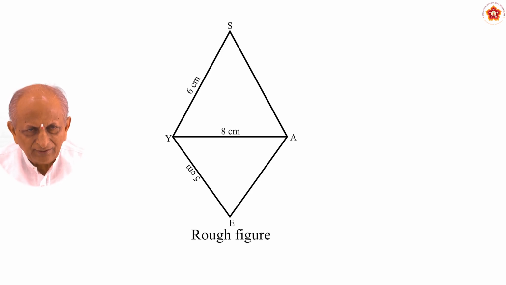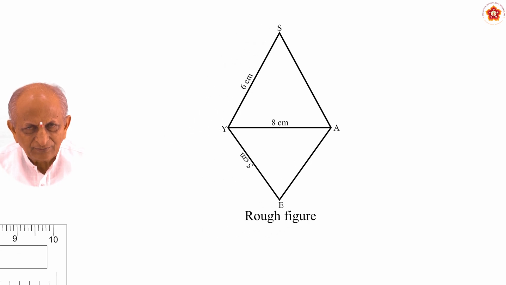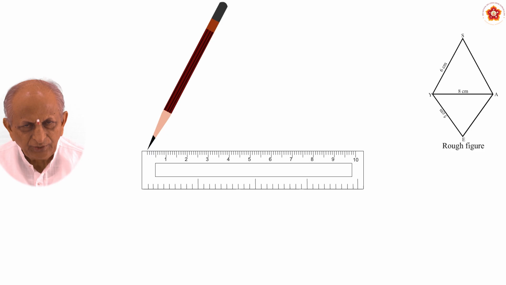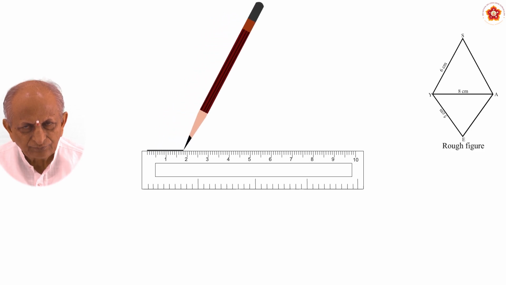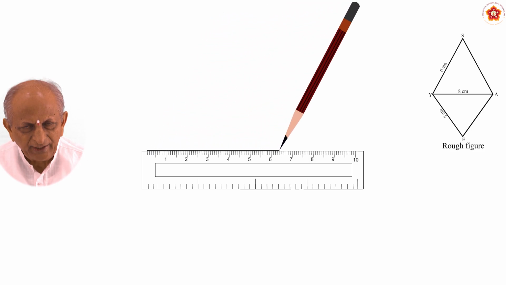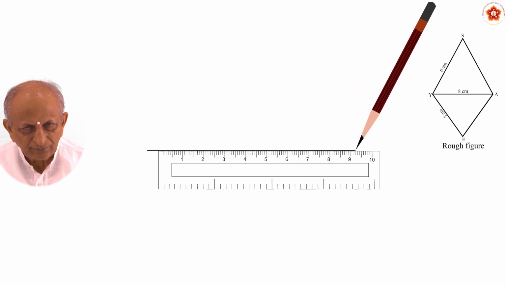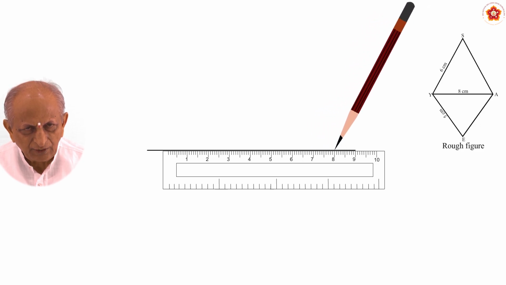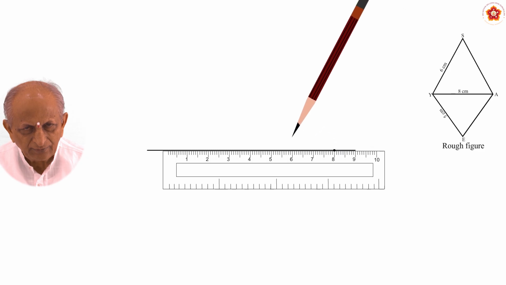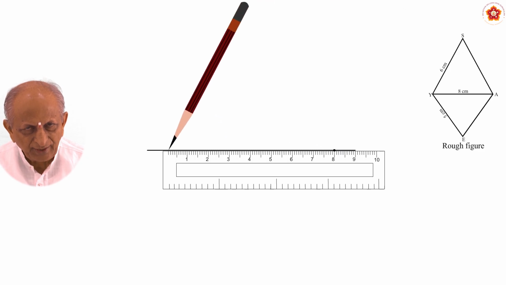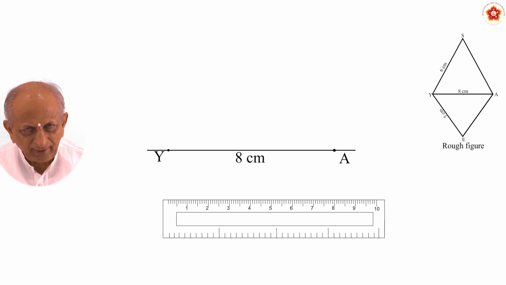Okay? Come on. Are you ready? Take the geometry box. First you draw a rough figure with all the side measurements given. Now first you draw a line AY or YA, and the distance must be 8 centimeters.